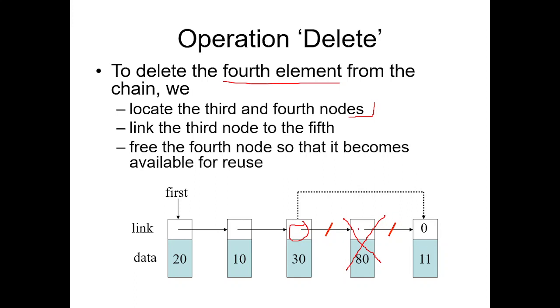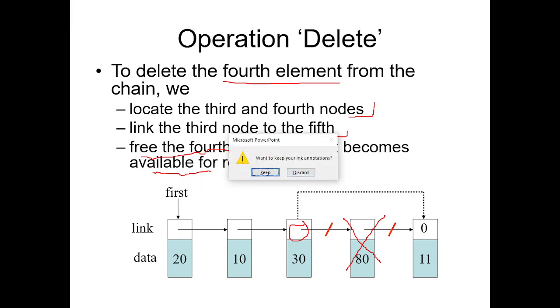The fourth one will be deleted. Once this link has been created, we delete the fourth node and free up the memory so that it is available for reuse. This is how delete is going to work.